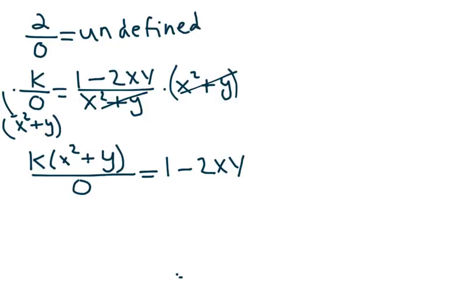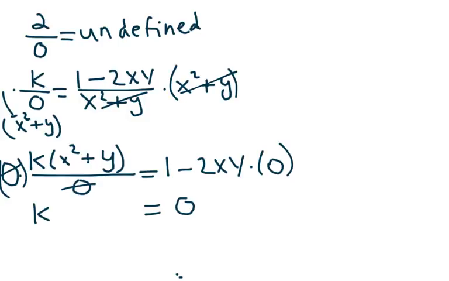Next, we're going to try to get rid of the 0, so we're going to multiply both sides by 0. Anything times 0 is 0. So this side becomes 0, and on this side we have k times (x squared plus y).